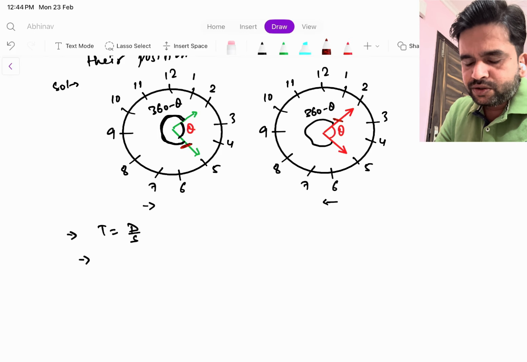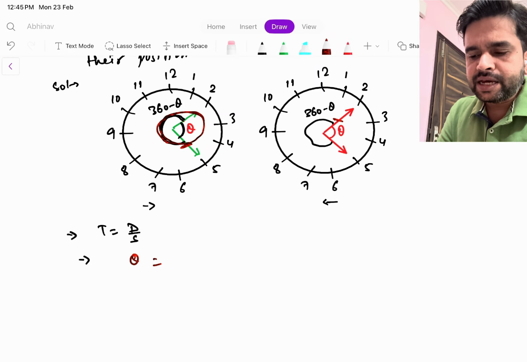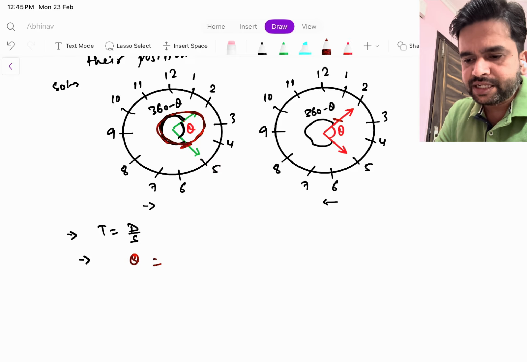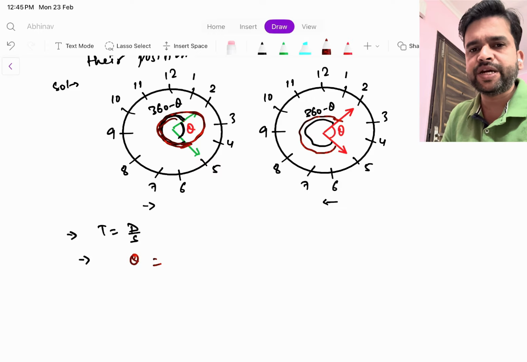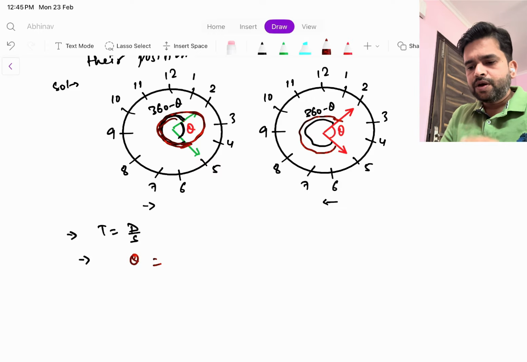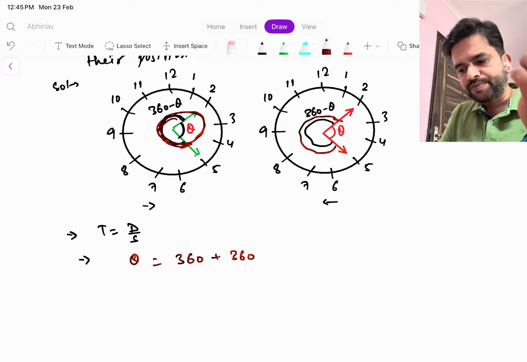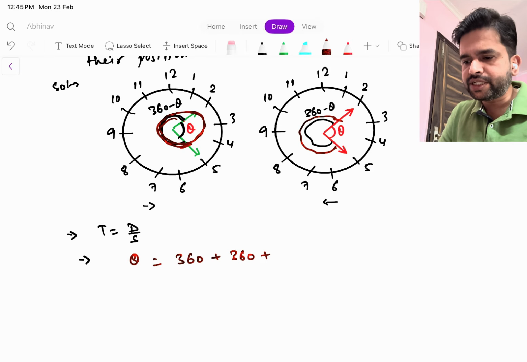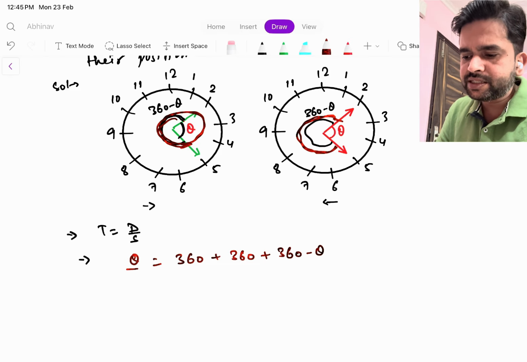Between 2 to 3 it has covered 360 degrees, then between 3 to 4 it has covered 360 degrees, then between 4 to 5 in this diagram it has covered 360 minus theta degrees. So our minute hand has covered one complete rotation between 2 to 3, another between 3 to 4, and here it has covered the last rotation of 360 minus theta degrees.